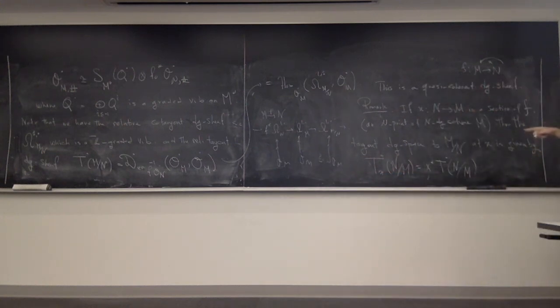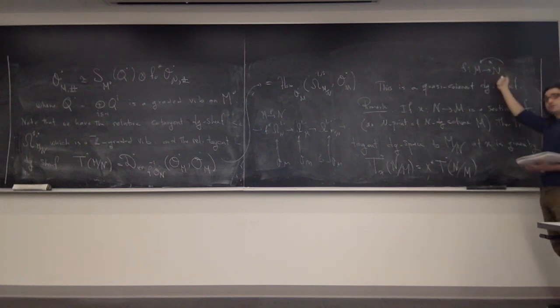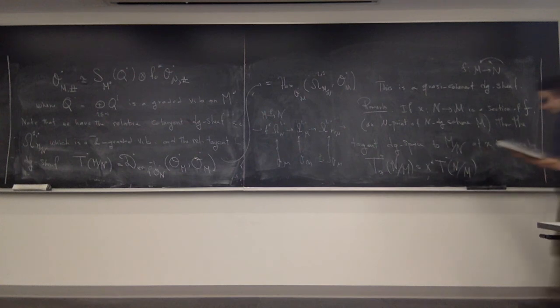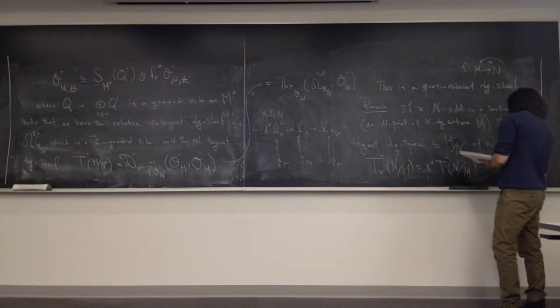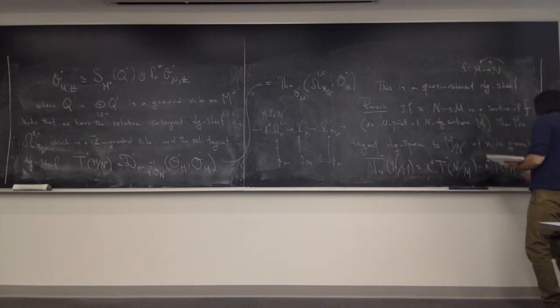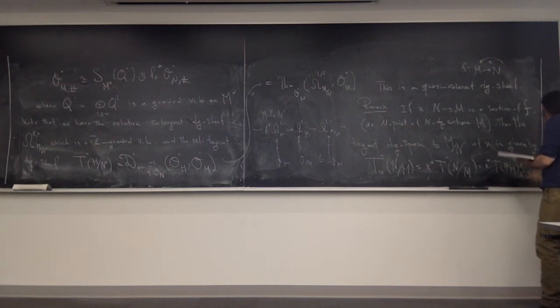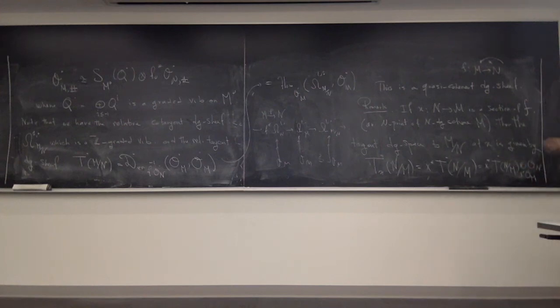For the morphism x, you are looking at N over M, right? Which is the same thing as x upper star of T dot of N over M tensored with the pullback of the O dot of M via that point x, tensored with O dot of M. Again, it's very easy to see all of this.